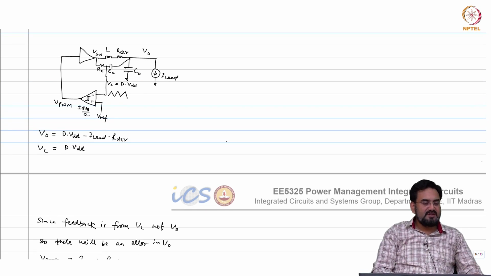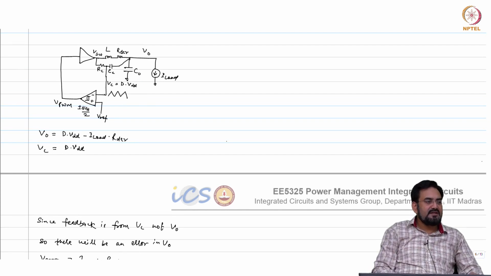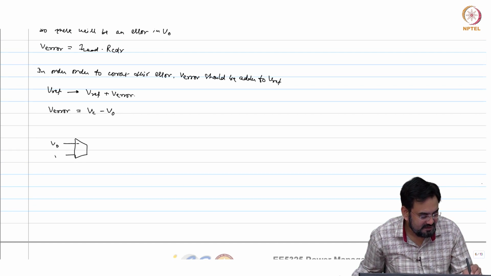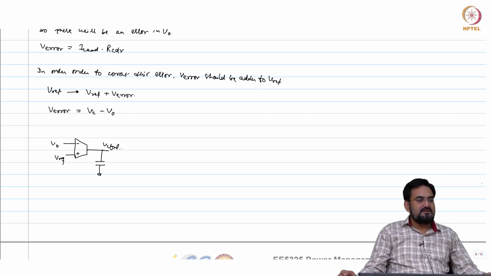Instead of doing that, why don't I just take V out, and keep my average value of V out the same as Vref. If this is V out and this is Vref, integrate the error and make it VCTRL.